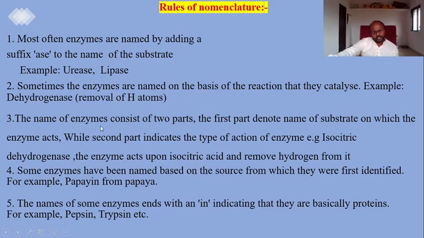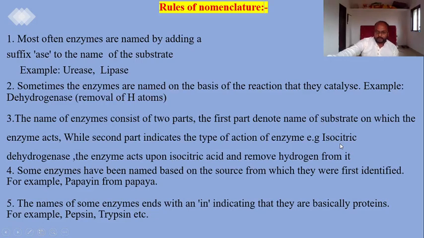The third rule: the name of an enzyme consists of two parts. The first part denotes the name of the substrate on which the enzyme acts. An enzyme is always specific for its substrate. It always acts on a specific substrate. Therefore, at the time of giving the name, the enzyme name should have two parts. The first part is the name of the substrate, while the second part indicates the type of action of the enzyme.